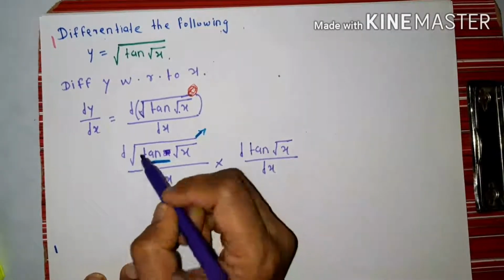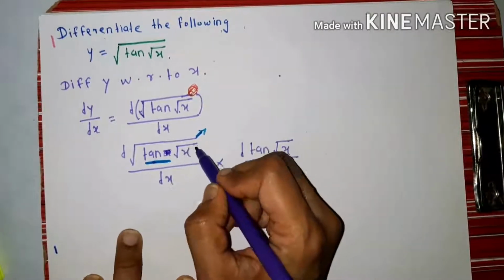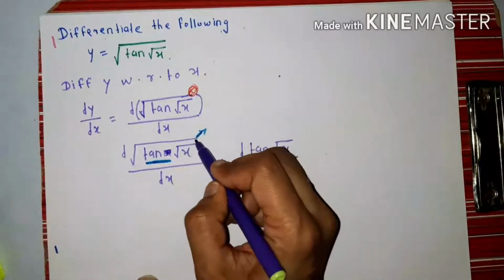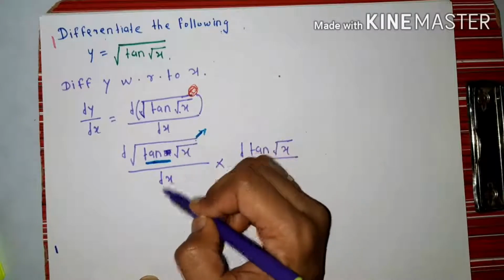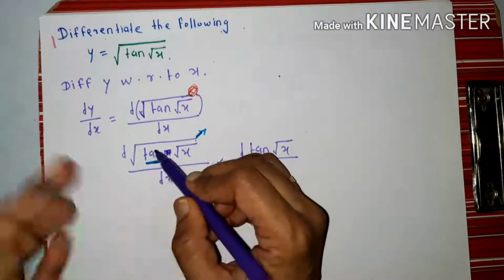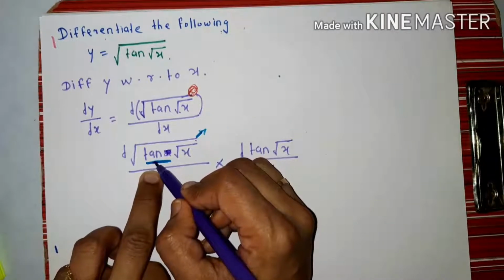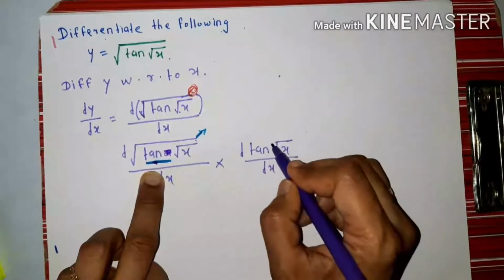Okay. So in the first step, we differentiate by considering the square root. We will take the differentiation of the square root here. Okay. Again, the function inside the square root is the tan function. The immediate function is the tan. And so differentiate tan of root x.